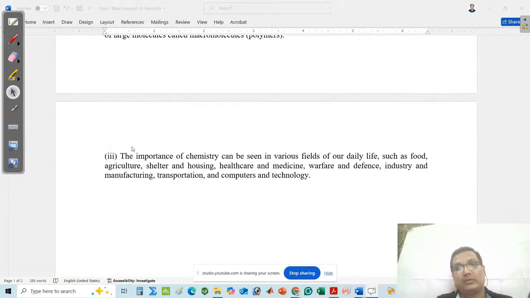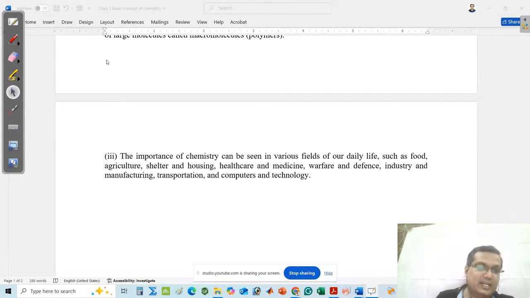Next, baking soda and different types of food colors. Nowadays there are various types of chemical food additives used to increase the taste and quality of the products. Such things are related to chemicals. That means chemistry is of great importance in food.